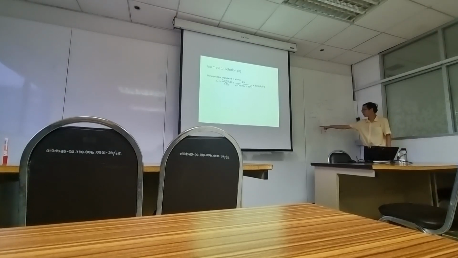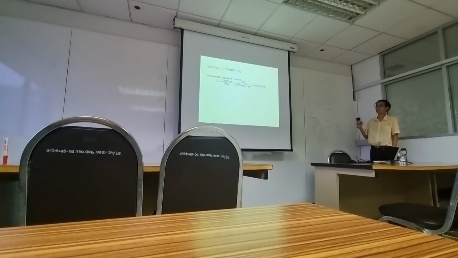The current equals this divided by this, and this is line to neutral at the rated value.